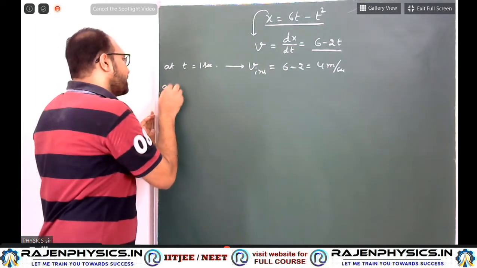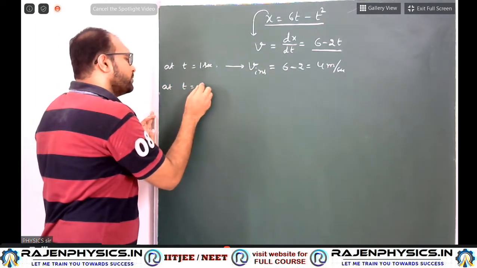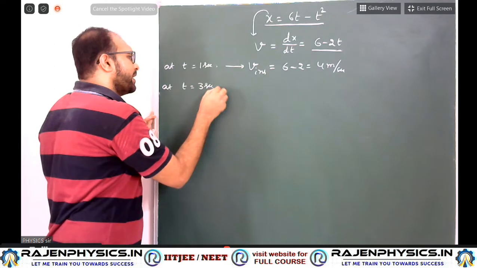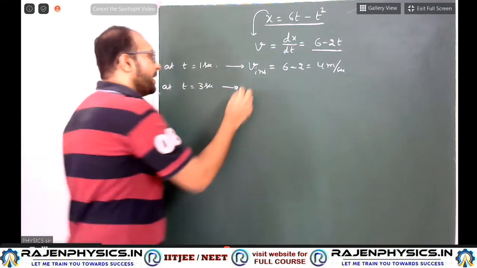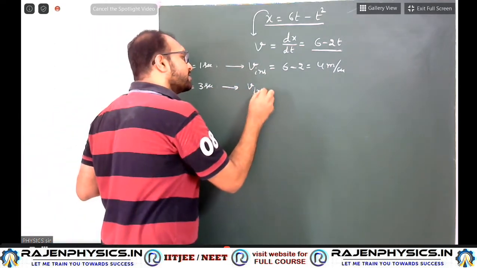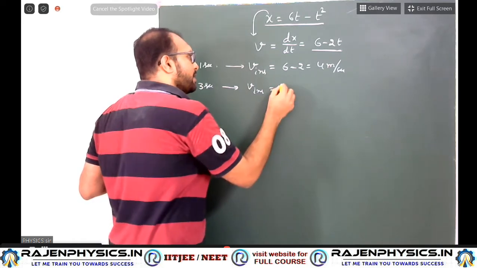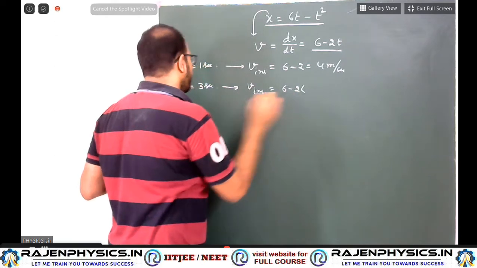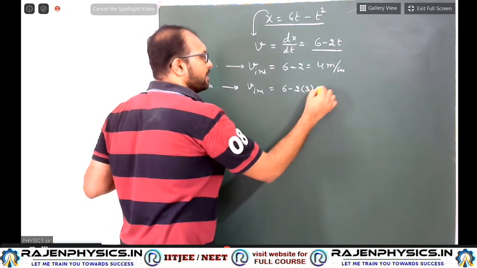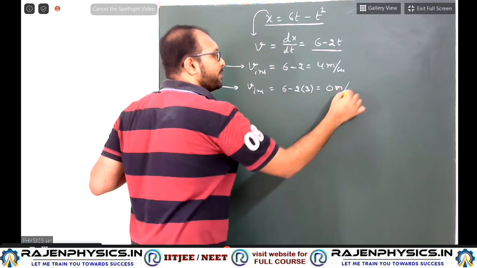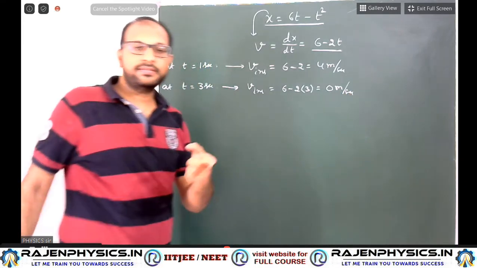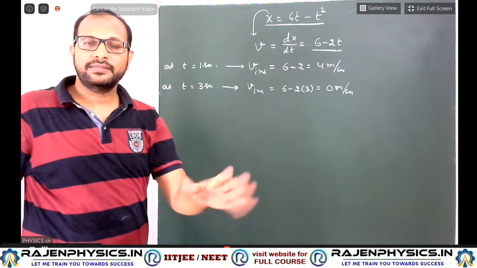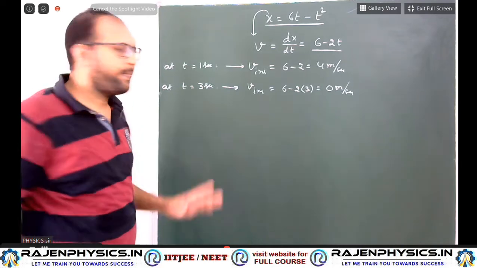Next, students, at t equal to 3 seconds I am taking. The instantaneous velocity is 6 minus 2 into 3, which is 0 meter per second. It means the body comes to rest. Rest, that is 0.